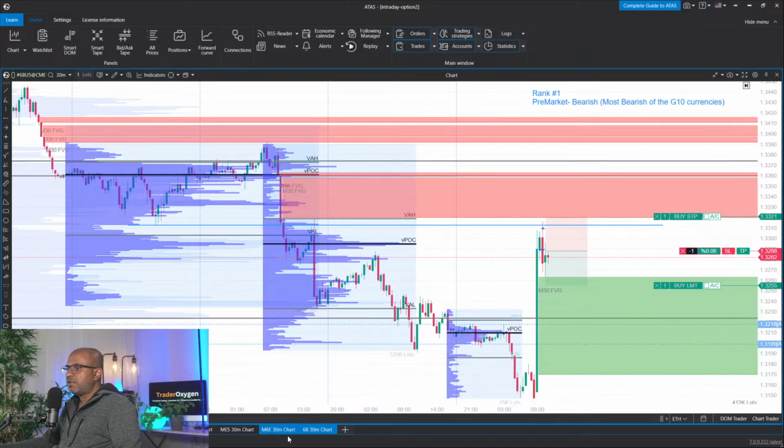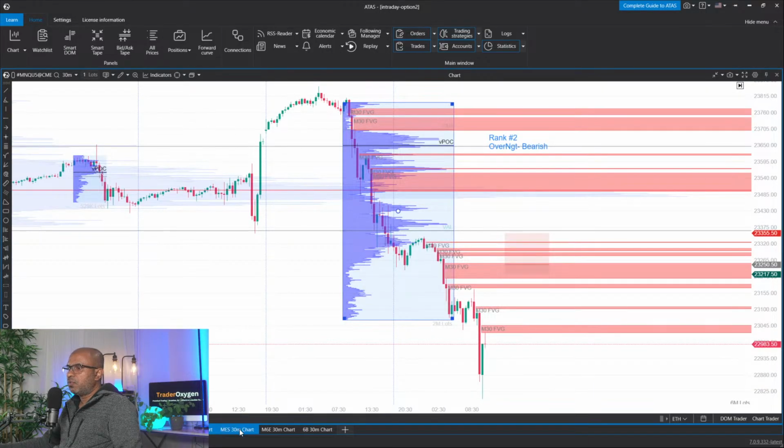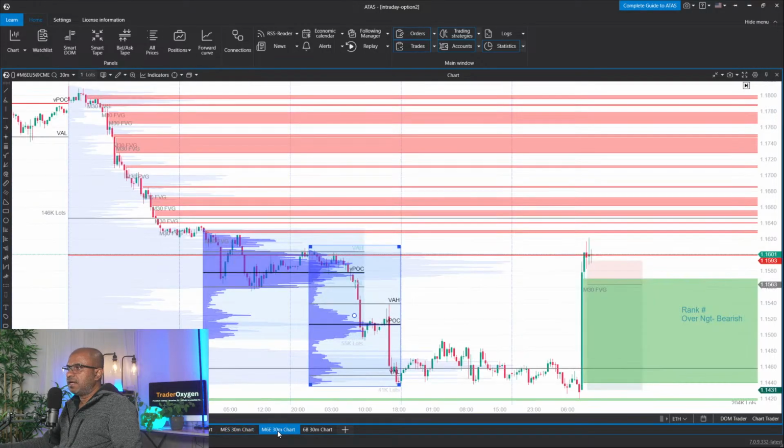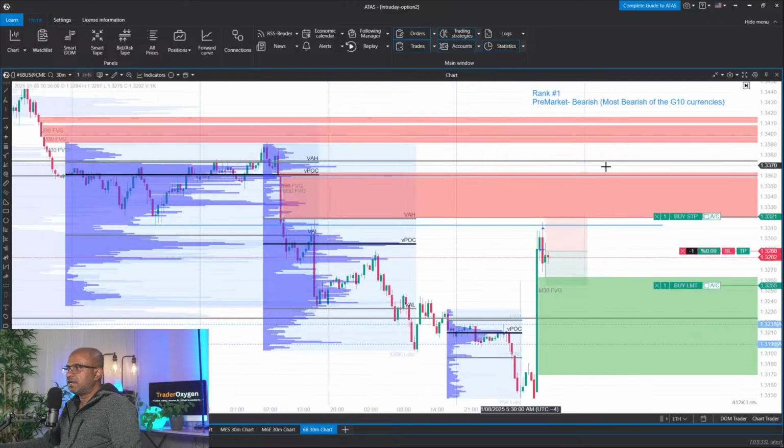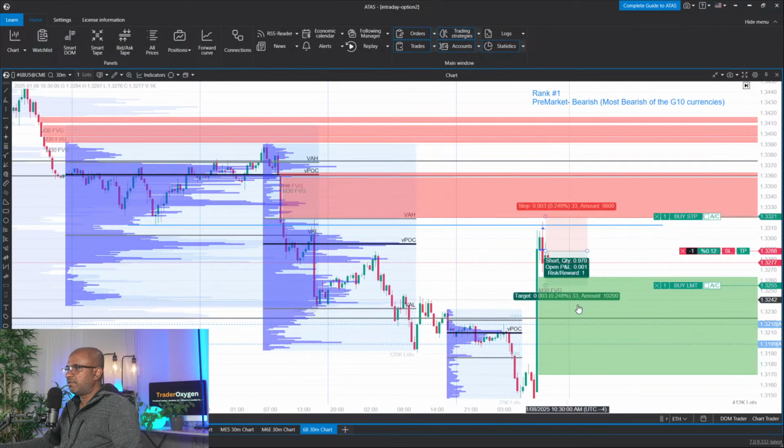Now that is why we chose GBP futures to place the trade out of MNQ, MES, M6E and 6B. Right, so hopefully that gave you some educational knowledge into why this particular trade has been placed.